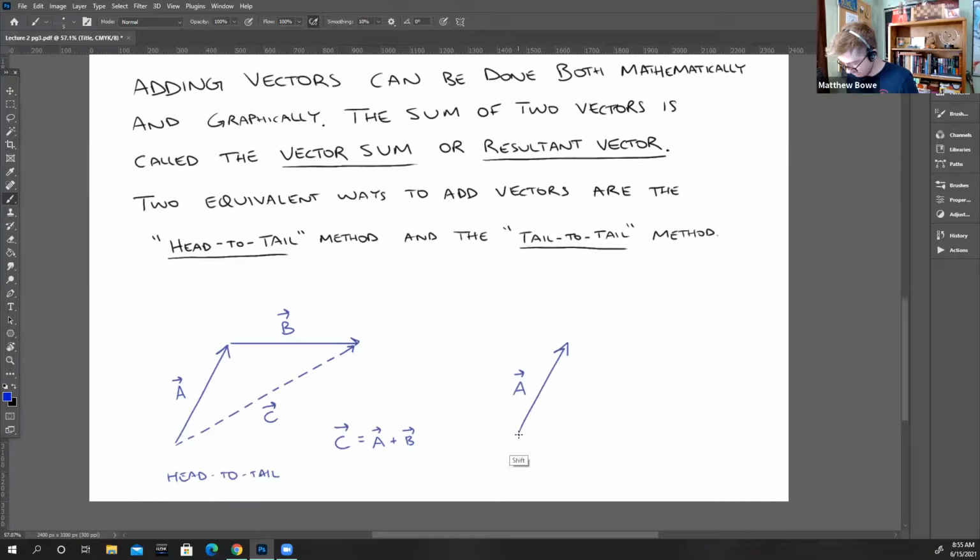And here's vector B. I'm going to start at the same point, so tail of the arrow and tail of the arrow. I think that needs to be a little longer. There we go. This is vector B.